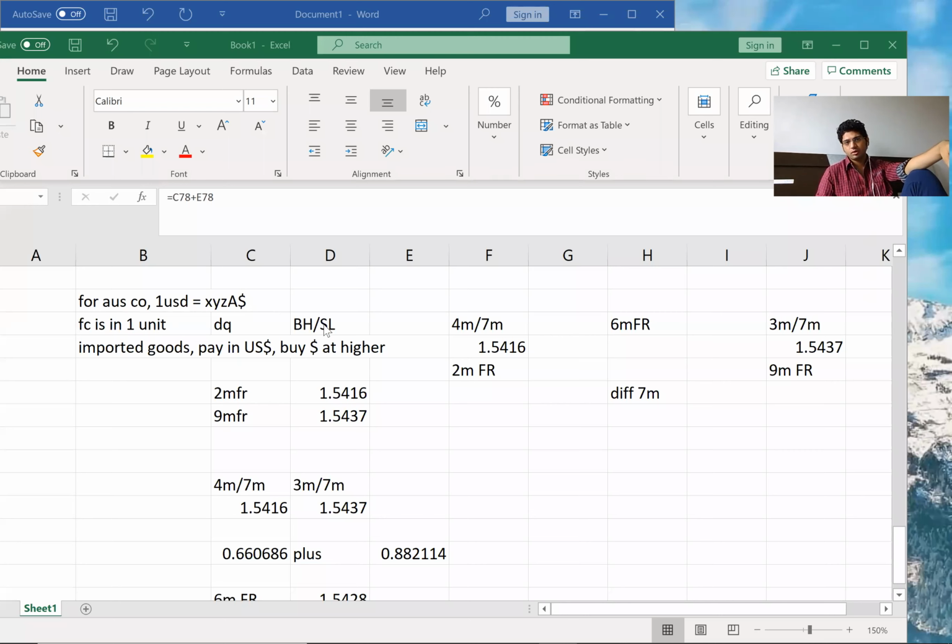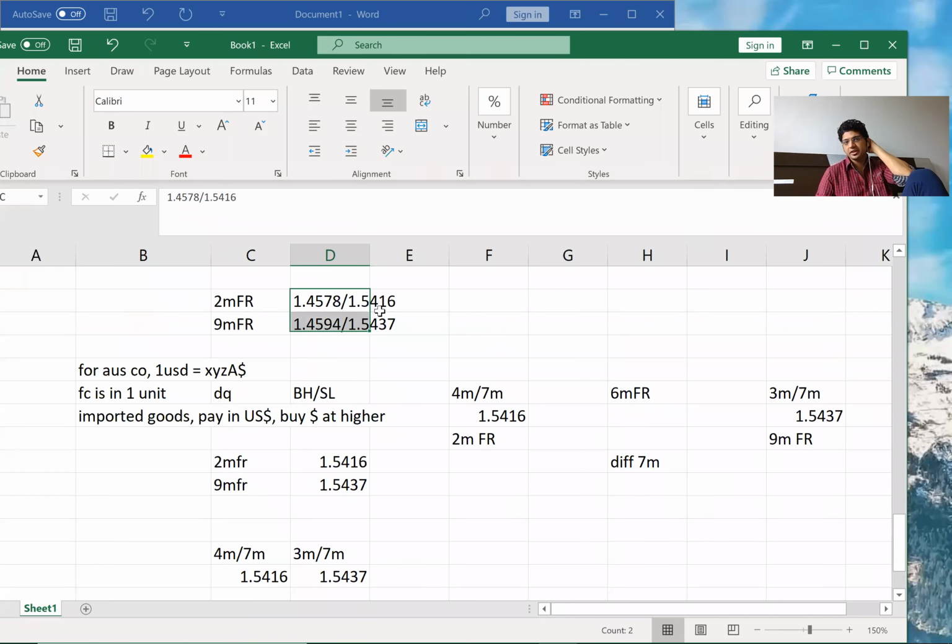So it is a direct quote, and the rule is buy at higher and sell at lower. Since we are importing goods, we have to buy dollars to pay our liability. That's why we have taken the higher rate.